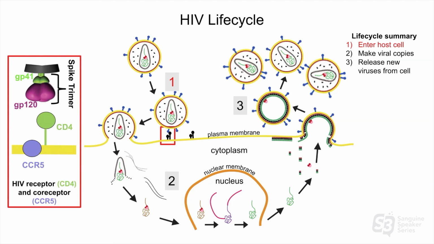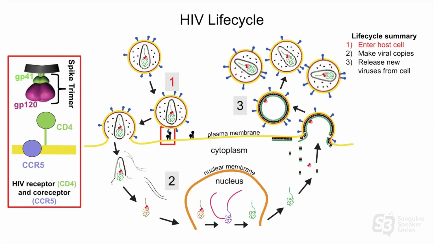Each has a GP120 and a GP41. The GP120 is responsible for binding to the host cell receptor, which is CD4. And then after that, it triggers conformational changes that allow it to bind to a co-receptor, which is a GPCR, such as CCR5, and that allows fusion to take place through further conformational changes.